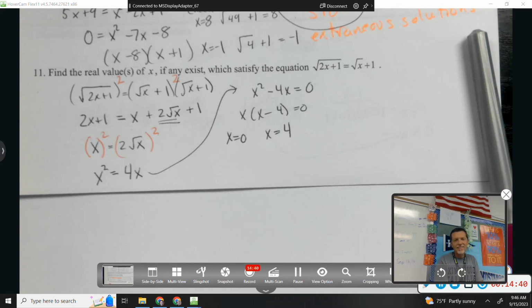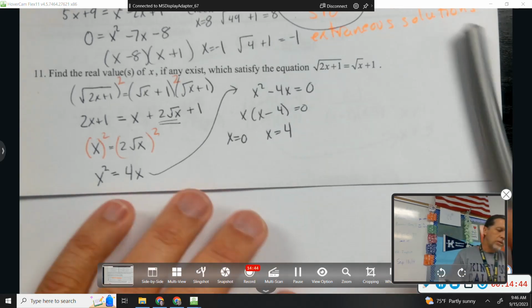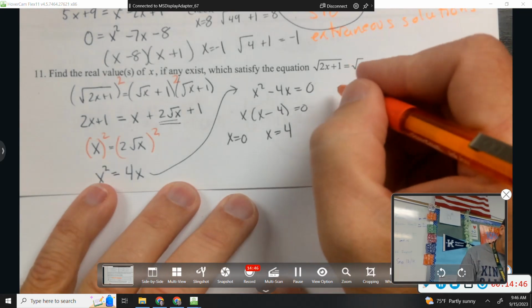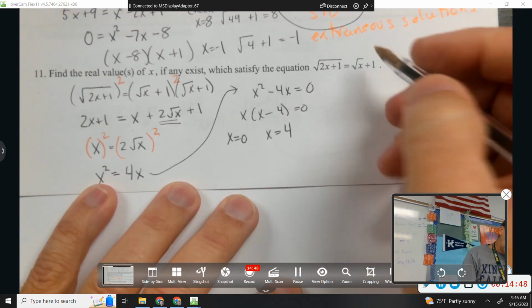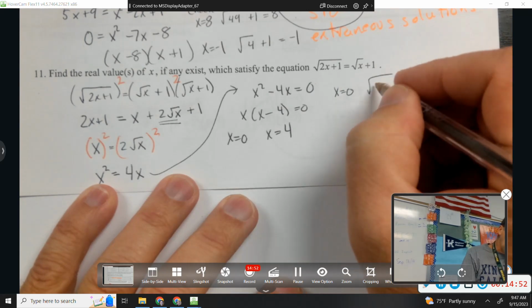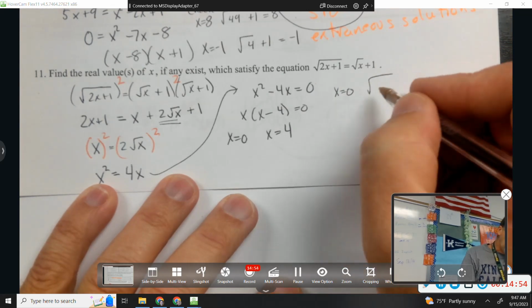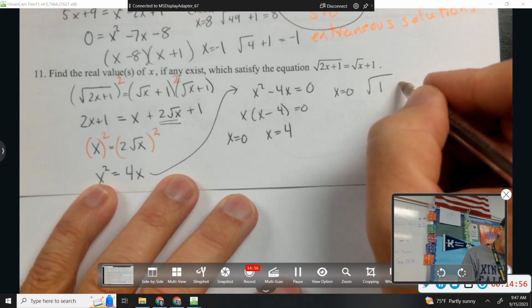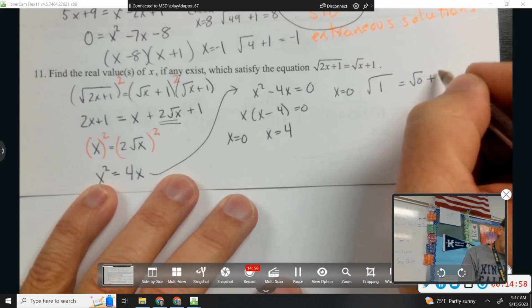Not quite. We squared both sides. In fact, we squared both sides twice, so double jeopardy here. I've got to check these, and I'm really suspicious that both of these are going to work, but we'll see. So I plug in 0, I get the square root of 1 equals the square root of 0 plus 1.